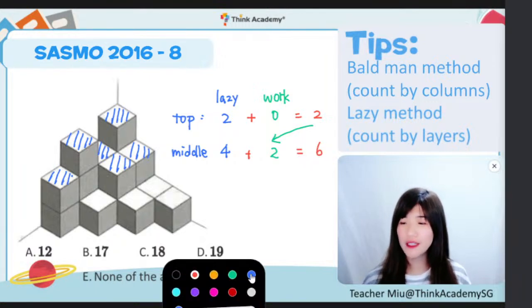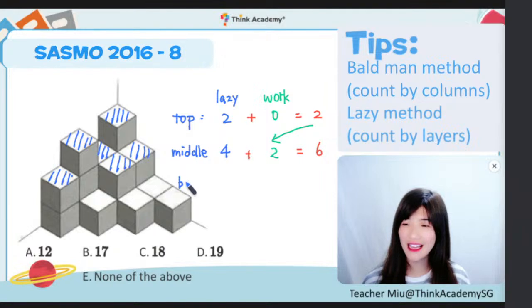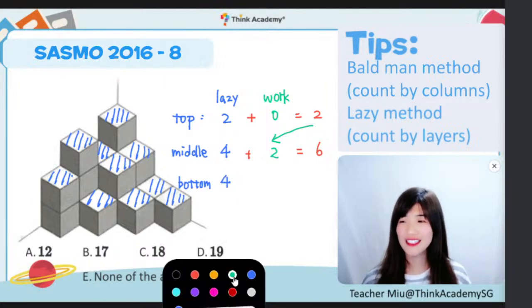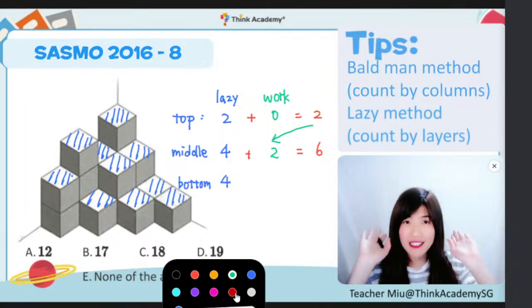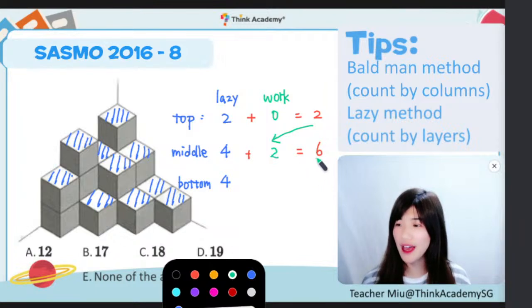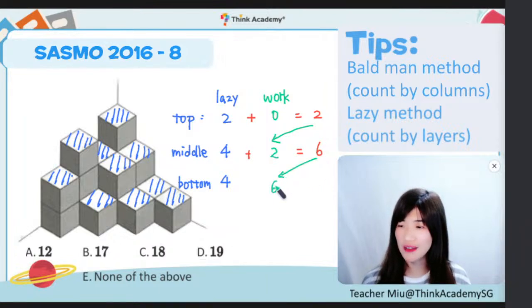What about the bottom layer? Let's take a look at the bottom layer. How many lazy cubes are there? You can see there is 1, 2, 3, and 4. Four of those are not working, so lazy. What about the working cubes? The working cubes are working because they need to support the upper layers. So we will have 6 working cubes below.